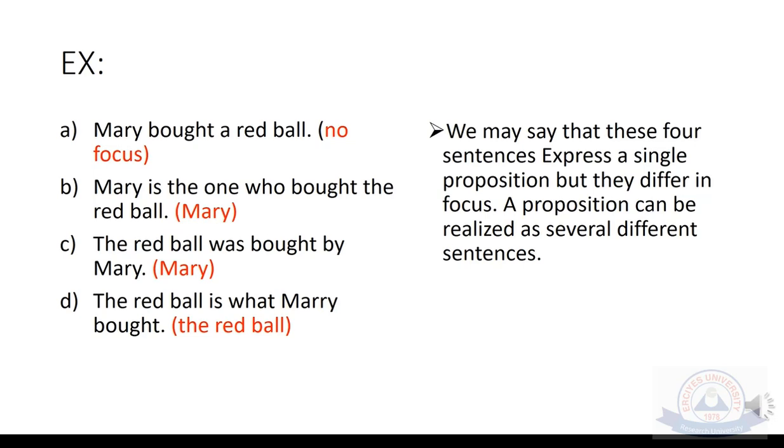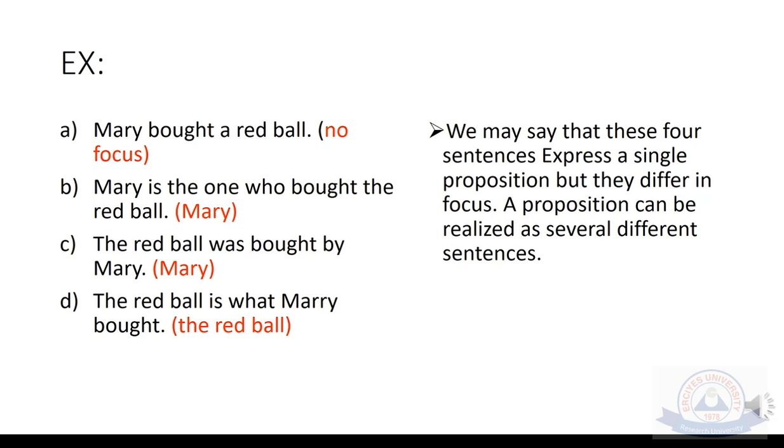So we can say that these are examples of cleft sentences. If you write cleft sentences on Google also, you can see the example. Or if you don't know what cleft sentences are, you can ask me by writing email or during our chat sessions actually. So we may see that these four sentences express a single proposition, but they differ in focus.